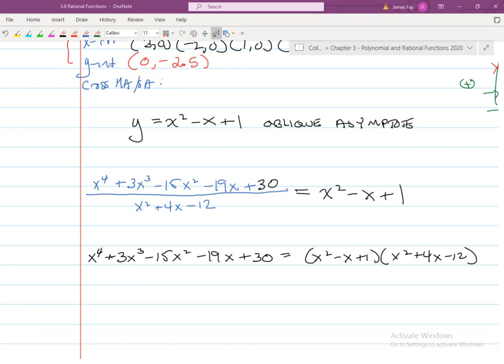All right, so once you multiply this out, you get x to the fourth plus 3x cubed minus 15x squared plus 16x minus 12.